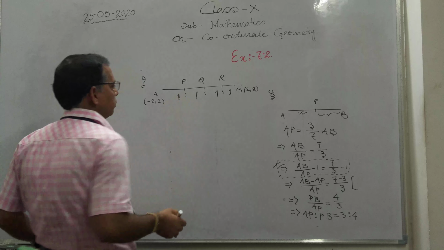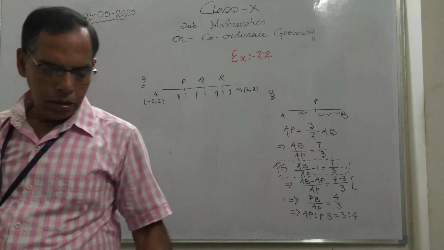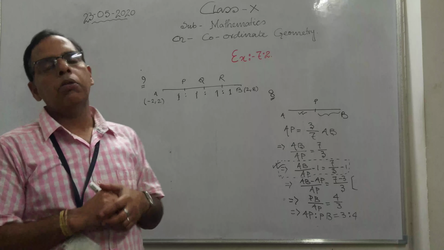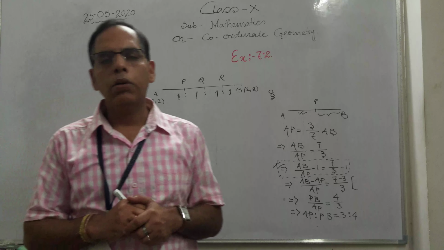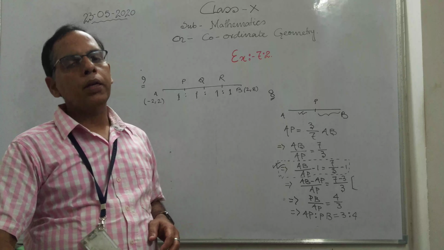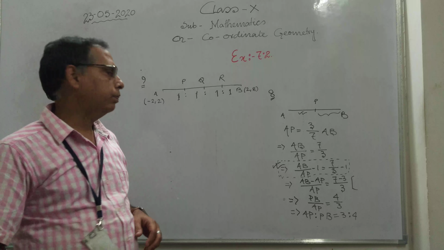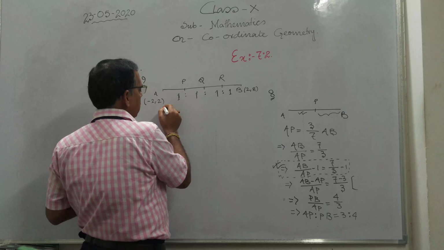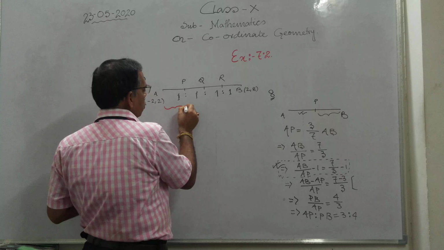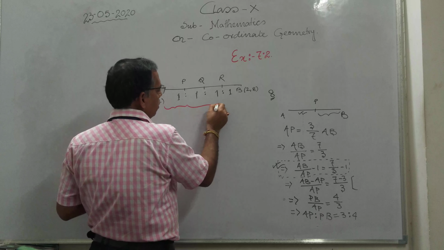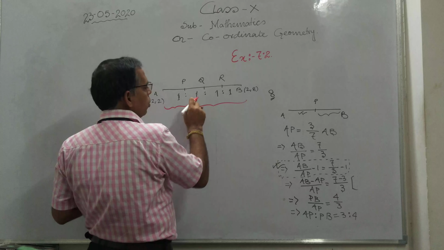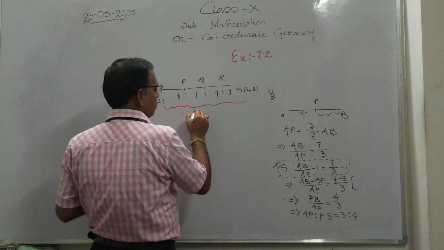4 equal parts. Now here, last time also I told, all the points' coordinates you cannot take out at a time. You have to take out one at a time. So if you have to take out one at a time, then what you have to do? Last time when you got the trisect, that time also you have seen. So this is 1, then this is another one. That means this is 1, 2. 1 plus 1 plus 1, 3.